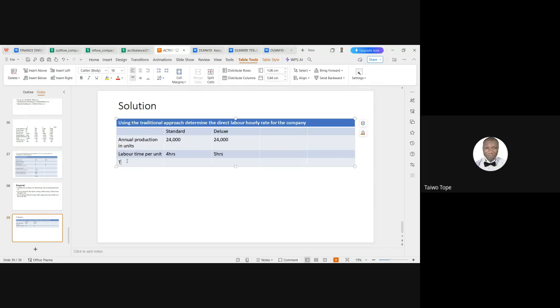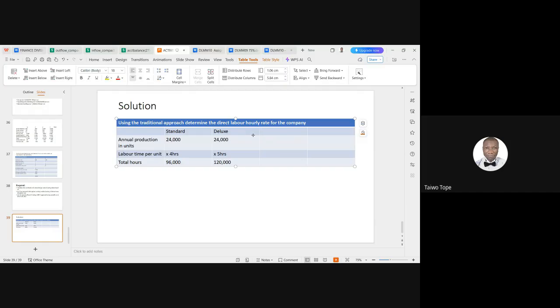So the total hours to produce each of these will be: for standard, 24 multiplied by 4, which is 96, and for the loss, 24 multiplied by 5, which is 120,000.